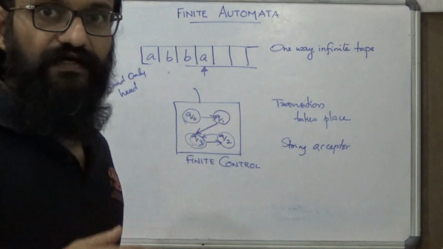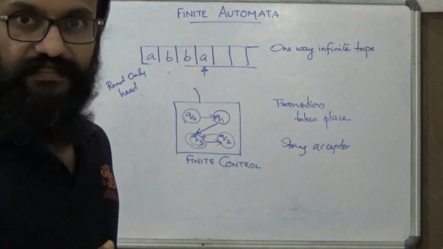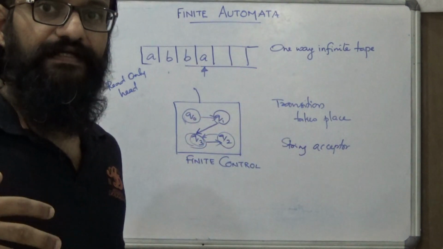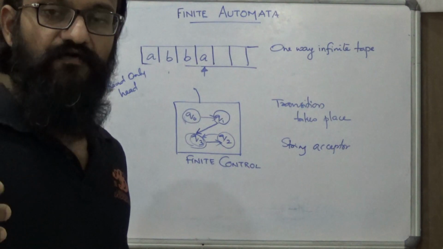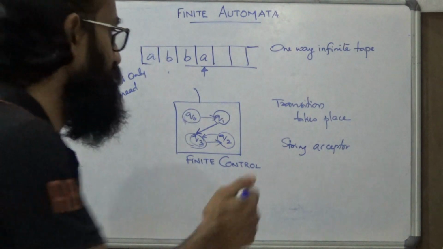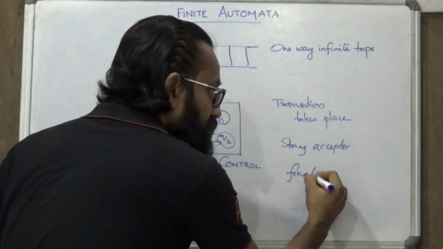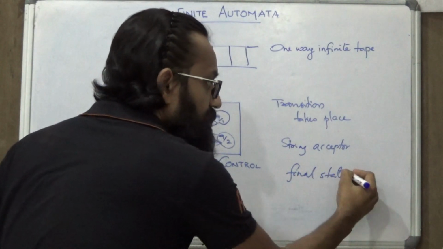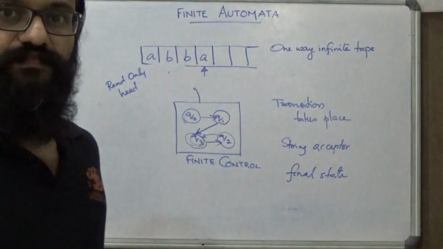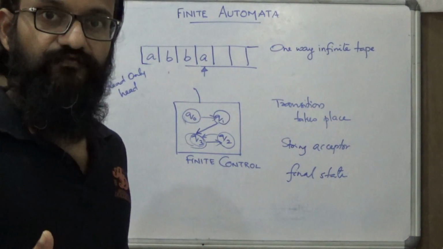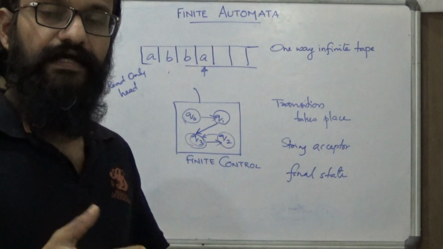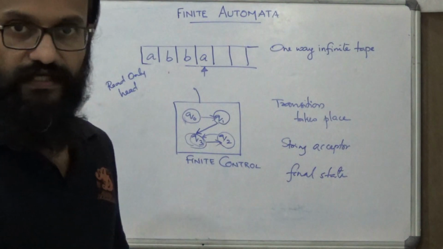After completing the reading operation of the entire string, if the state of the machine reaches one among the final states, then the string is said to be accepted. Otherwise, if the model ends up in a non-final state, then the string is said to be rejected.